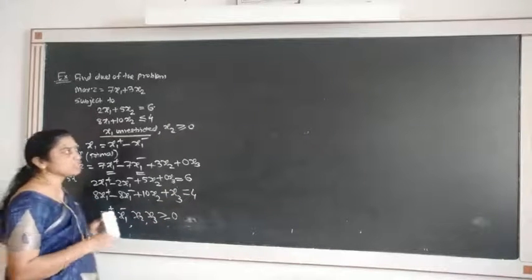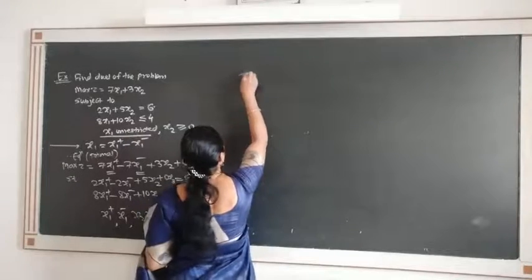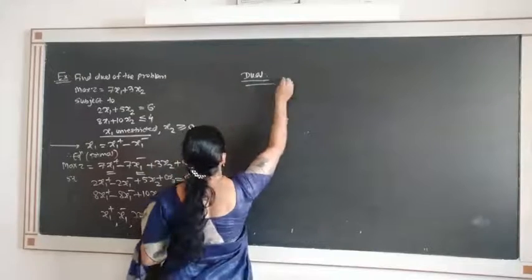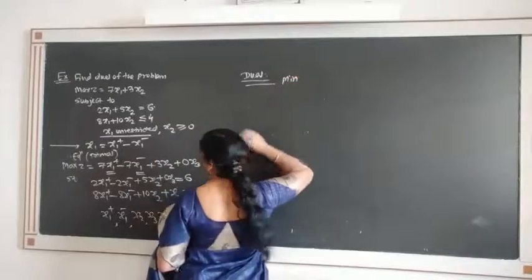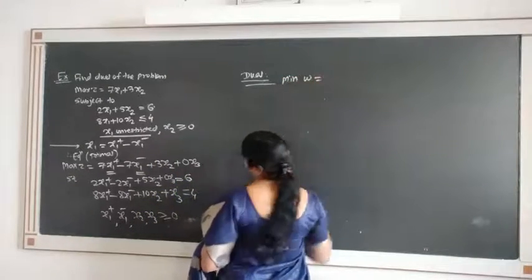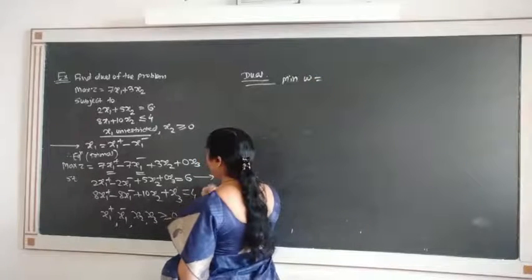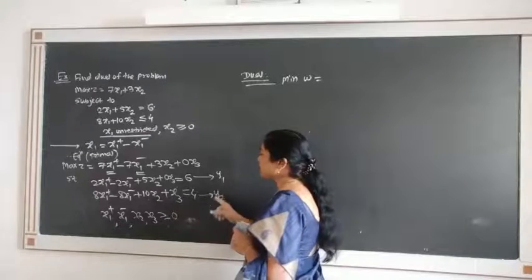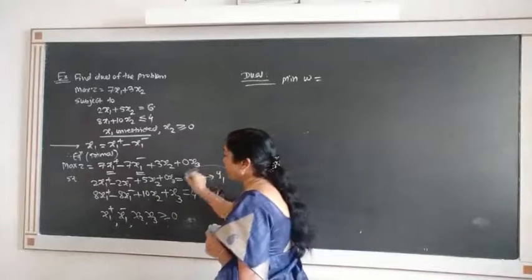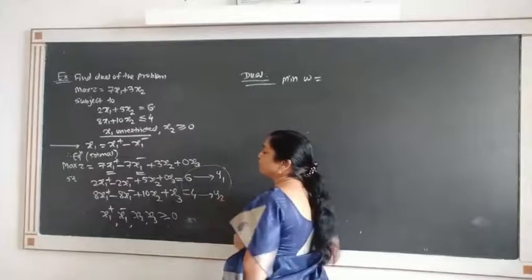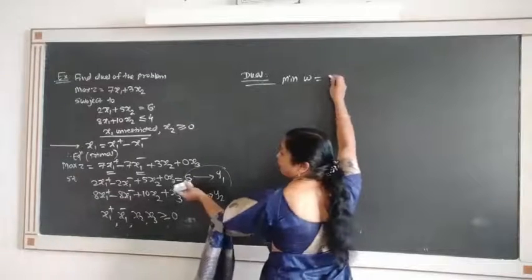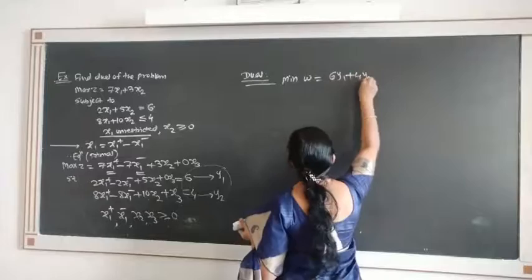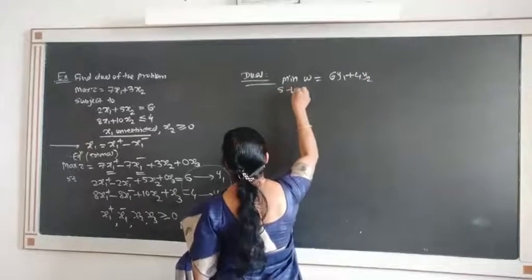Once we get the primal in this form, what is your dual? Because the primal is maximization, the dual will be minimization. So minimize W =, and associated with each primal equation, assign a dual variable. So I will assign y1 and y2. The objective of the dual is 6y1 + 4y2 subject to constraints.